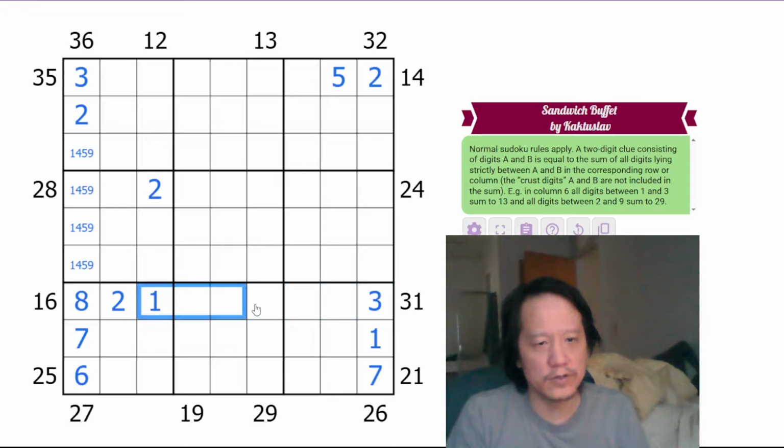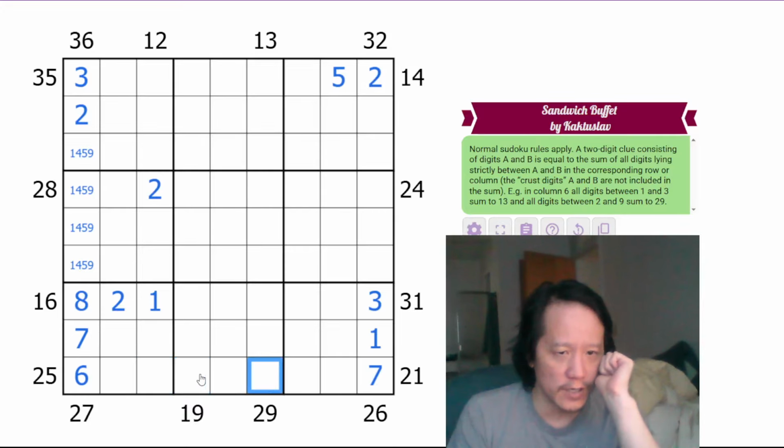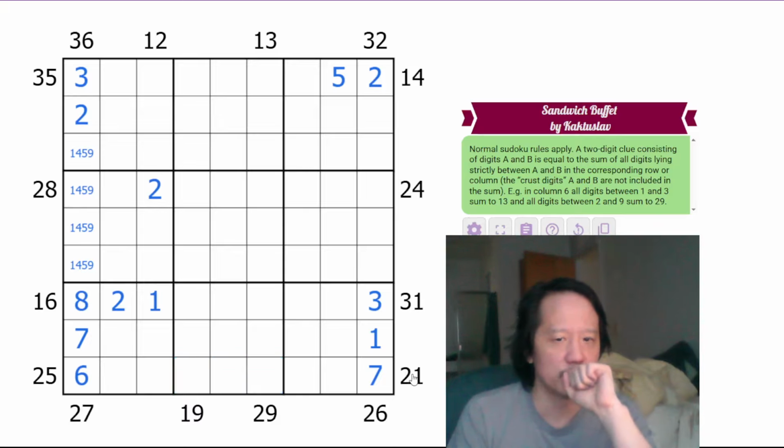This is 31. 2 cannot be here. 2 cannot be in between the 1 and the 5. So if 2 were any of these, well, the 1 would have to be here too, and that would not add up to 21 in between those 2 and the 1.